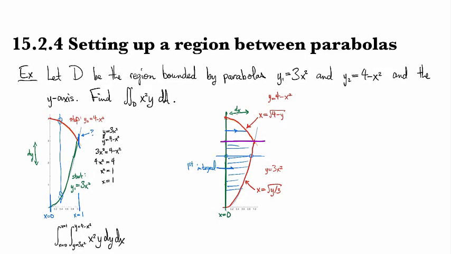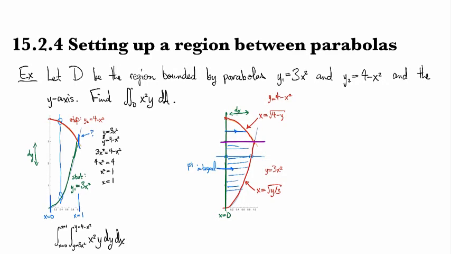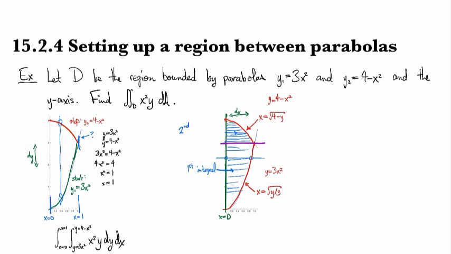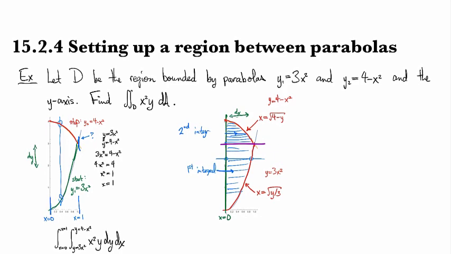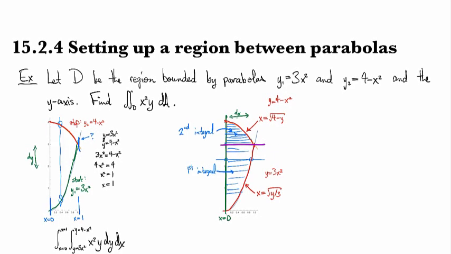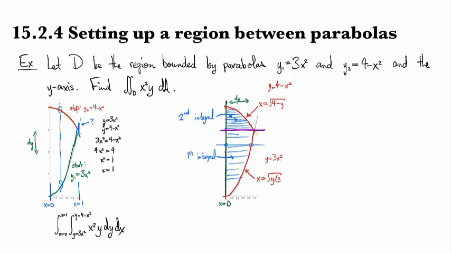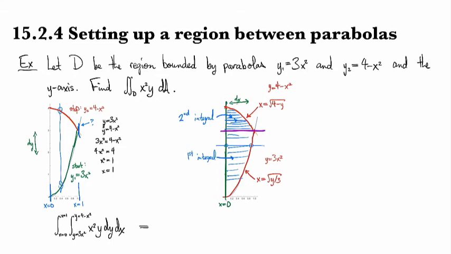That will be one integral. And then the other one is going to be this part up here. That will be some other integral. Okay, so for the first integral, we are going to go from 0 up to 3.